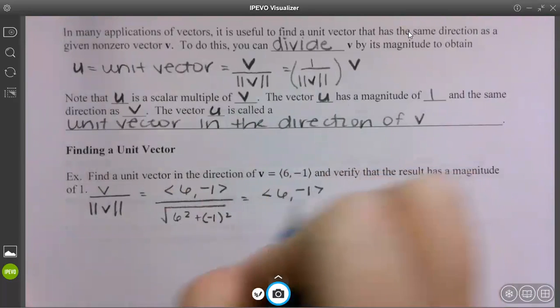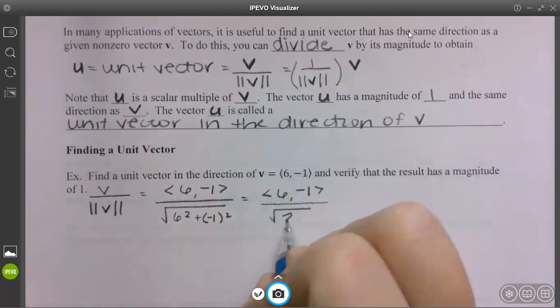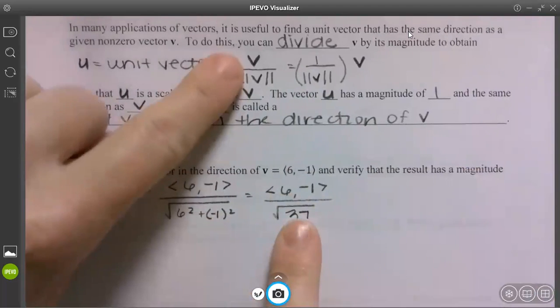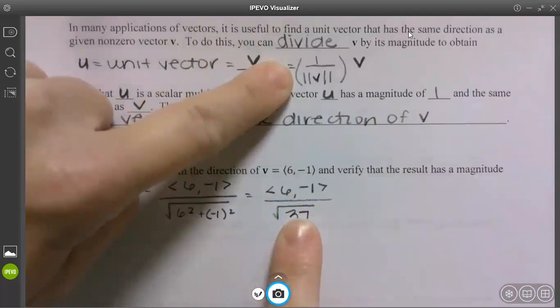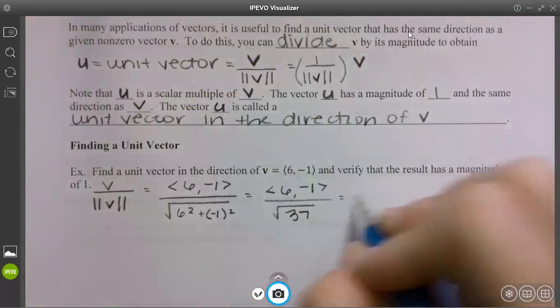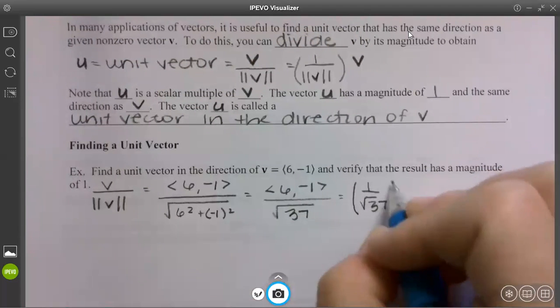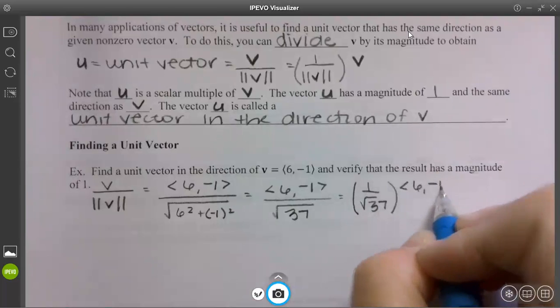When we simplify this, 6 squared is 36, -1 squared is 1, which makes 37. So this corresponds with this part. Now we're going to pull out the denominator and multiply it by the numerator. So we're going to have 1 over the square root of 37, and then we're going to multiply that by <6, -1>.